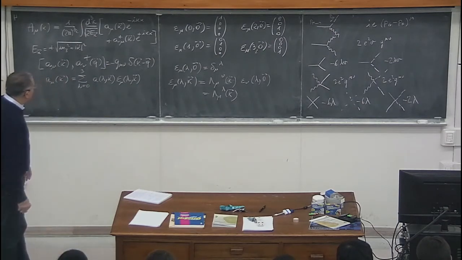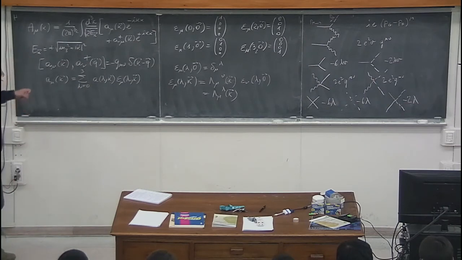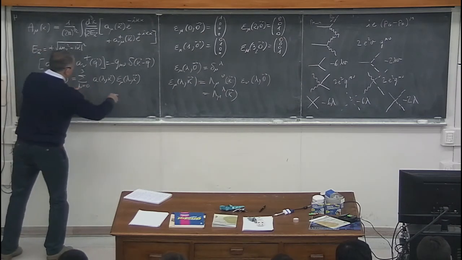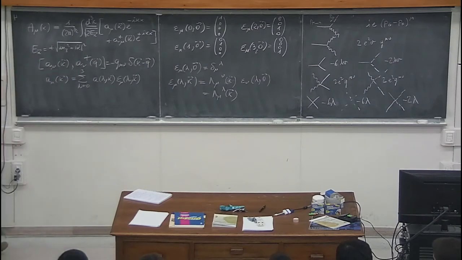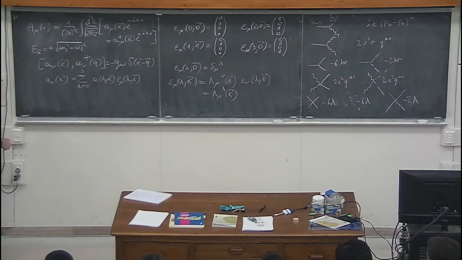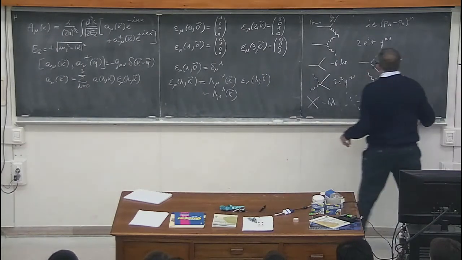And if I do that, I can write these commutation relations in terms of the coefficient a mu. I just replace each a mu by its expansion over the basis of polarization vectors defined in this way, and then I just use the properties of the Lorentz matrices.